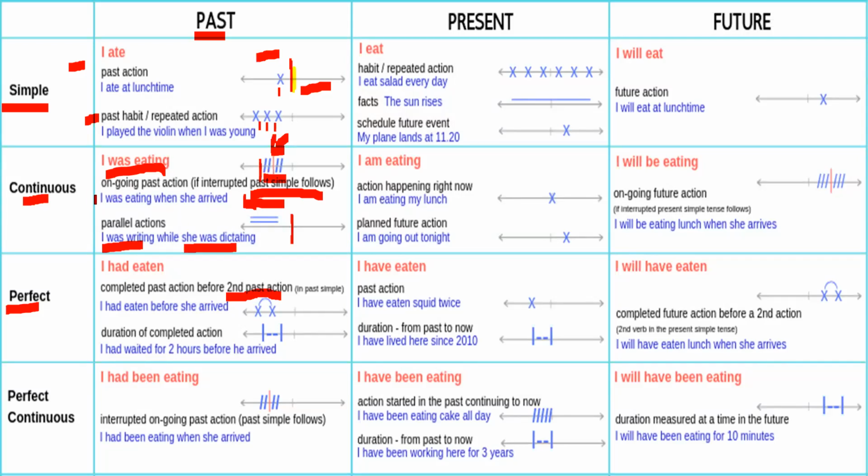So what's the difference between the second one, continuous, and perfect? As you see here, also here we have two actions. The difference here is this event was continuous, a longer duration in the past, while here it's on the spot, happened and finished, and again another event happened and ended.